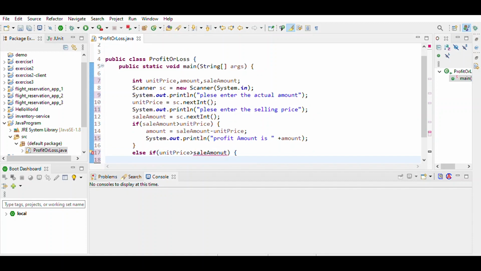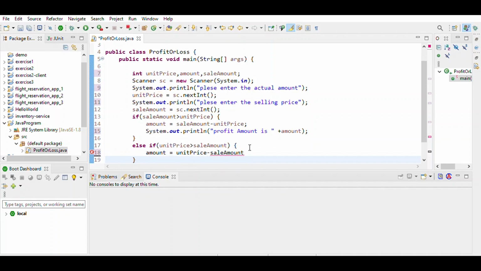In case of loss, amount is equal to unit price minus sale amount. Then print the amount of loss.